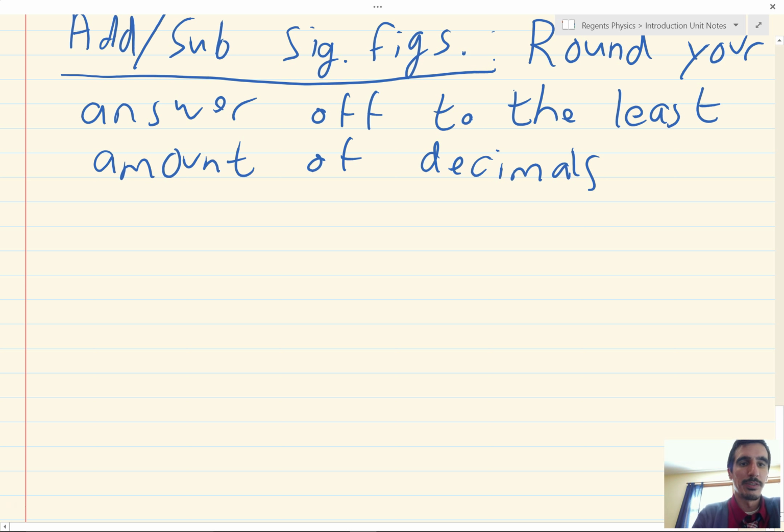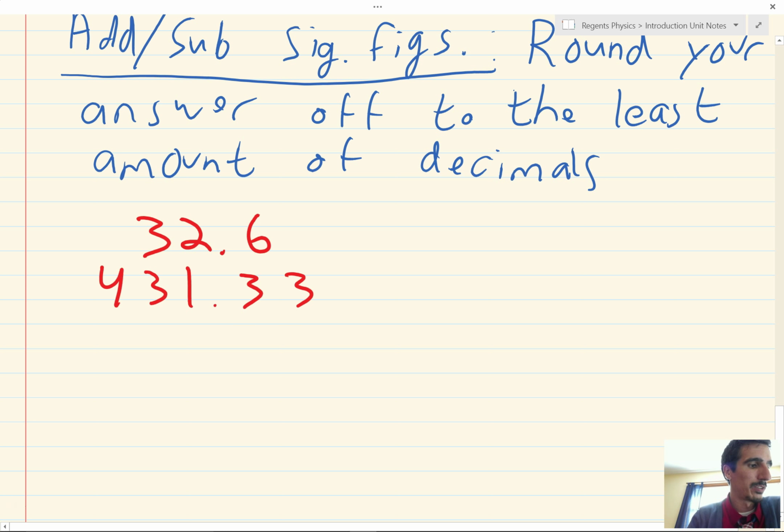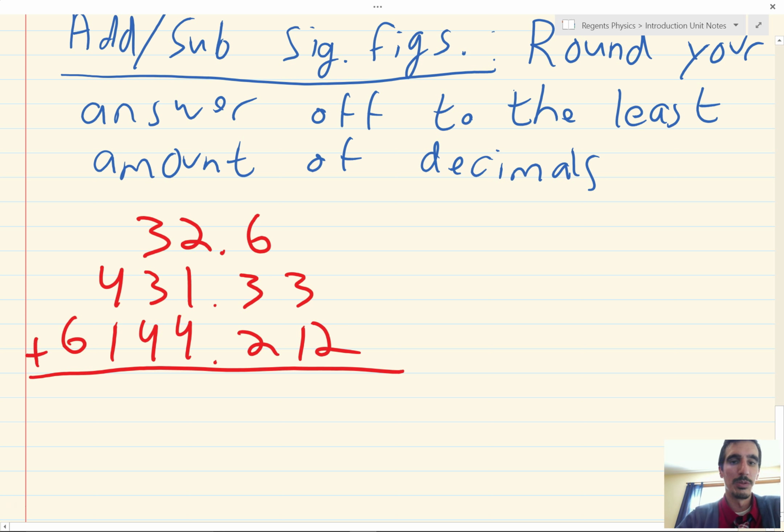So the first one, we have 32.6 plus 431.33 plus 6144.0.212. We're going to add these suckers up. We do this really quick in our head, and we get 6608.142.